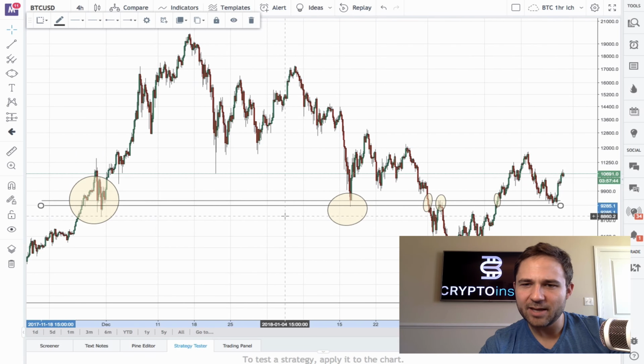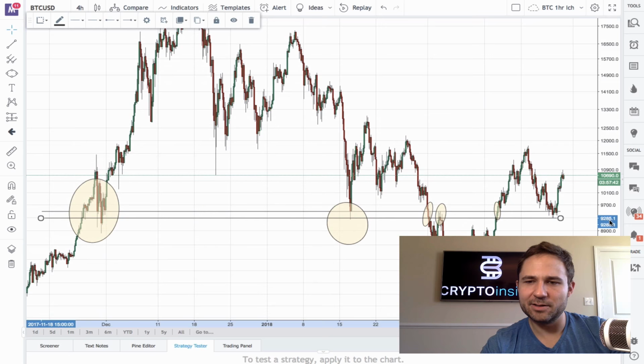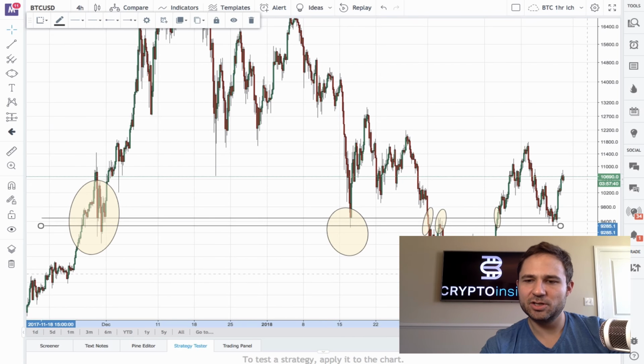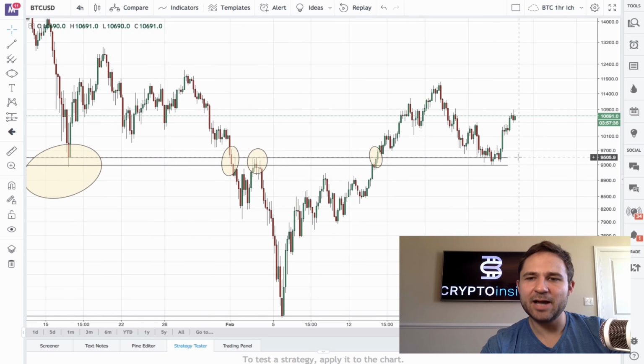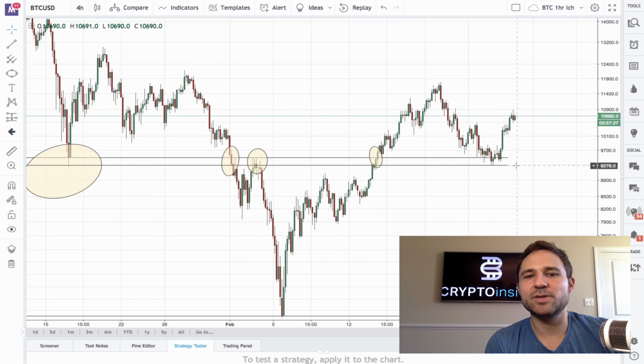So that gives us a better idea of a range that our support and resistance will be, not an actual number. So that's about 95 down to about 92 to 75. So that is a very key area of support and resistance.